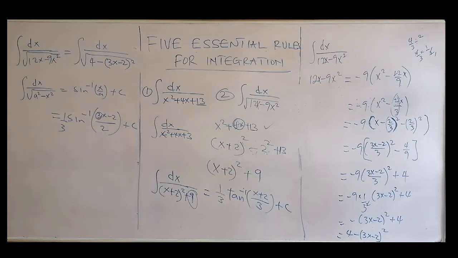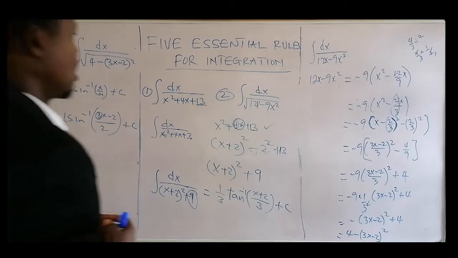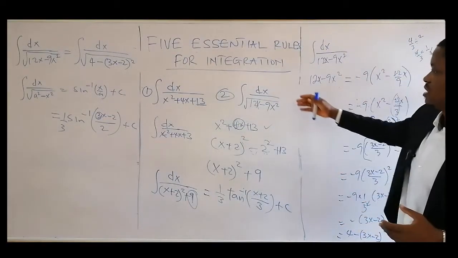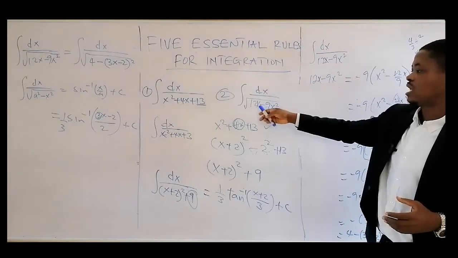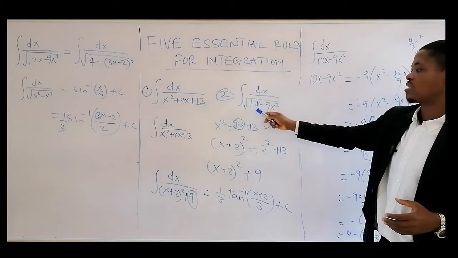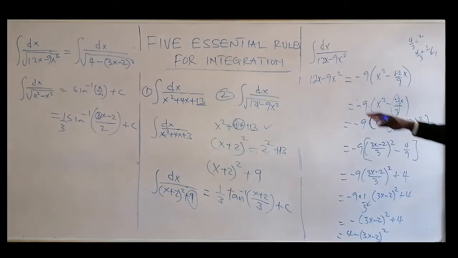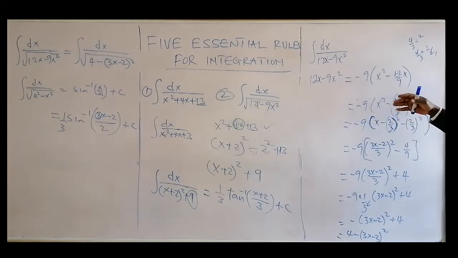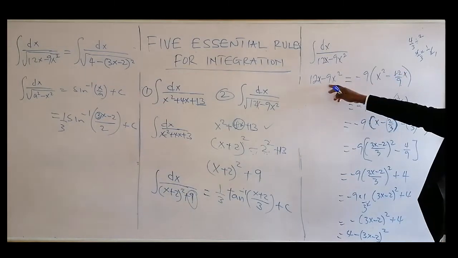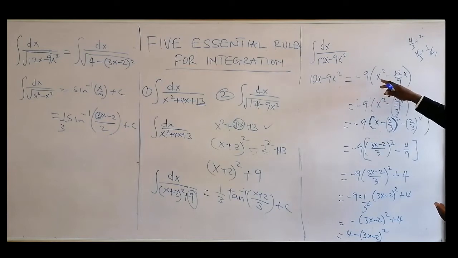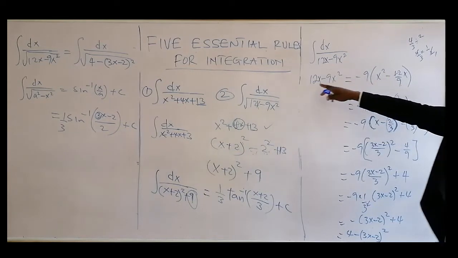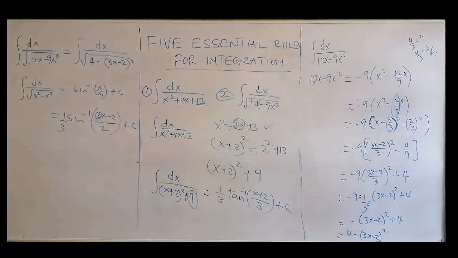Very interesting question. So I'm going to recap what I did on the completing the square method. It's very simple. The question is the integral of dx over the square root of 12x minus 9x squared. Let's take the minus 9 outside, so that we have x squared minus 12x over 9, and then you can simplify that to 4 over 3.